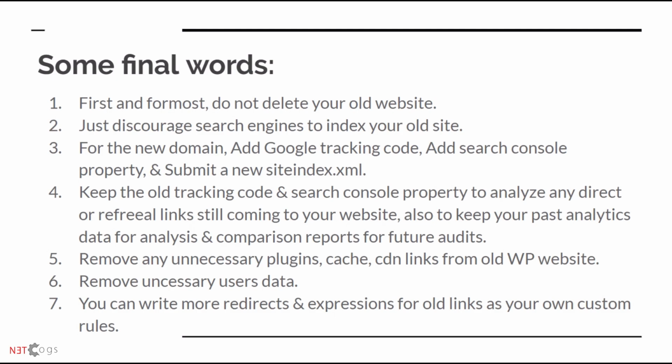I want you to keep the old tracking code and search console property just to analyze any direct or referral links still coming to your website. I prefer to keep the past analytics data for analysis and comparison reports, so that in the near future, if you involve any kind of agency to audit your website, that data would be very helpful in the long run.